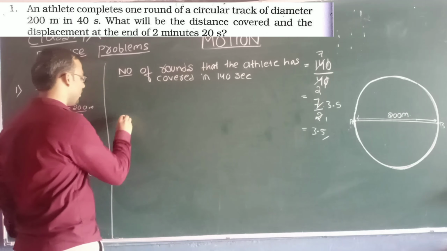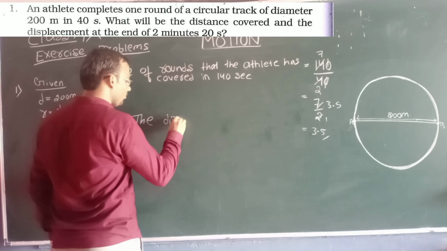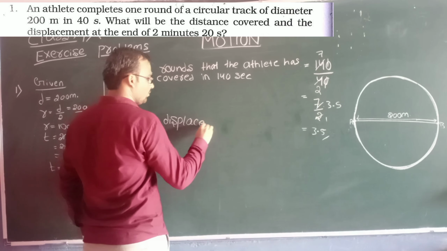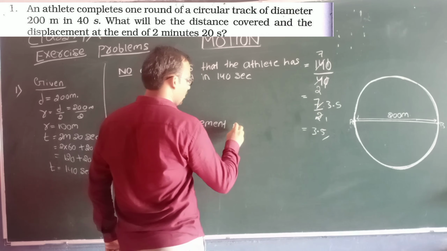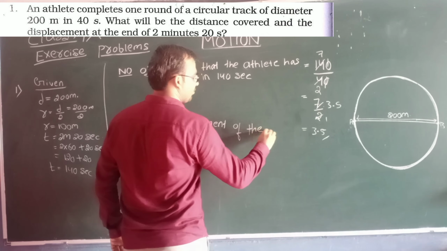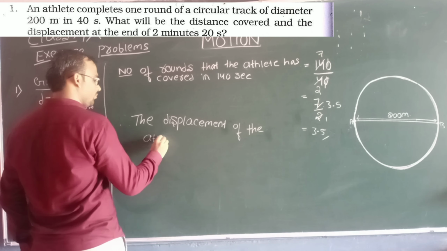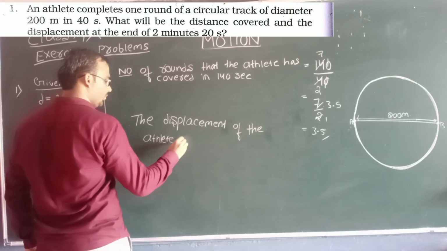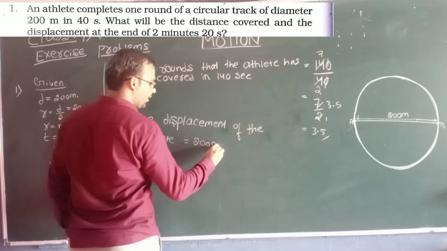Therefore, the displacement of the athlete equals 200 meters.